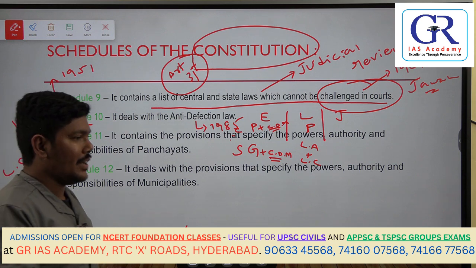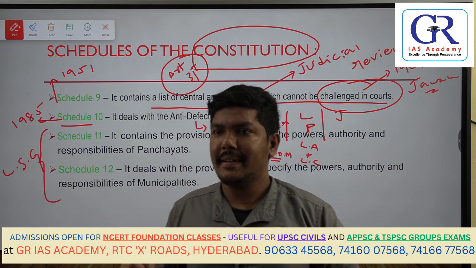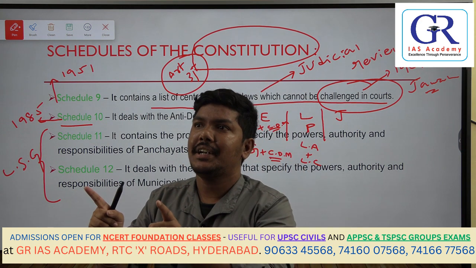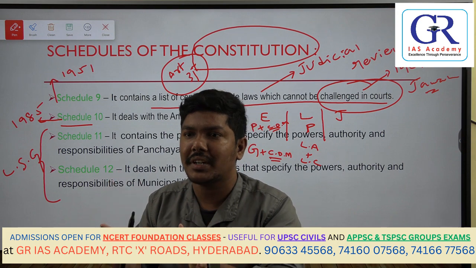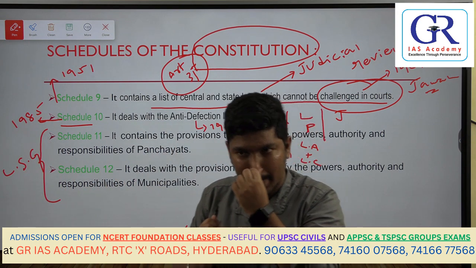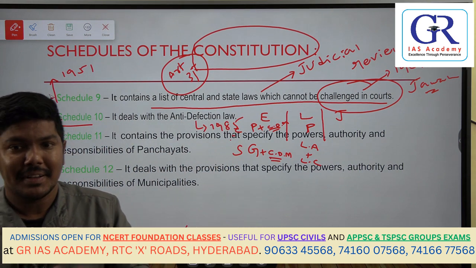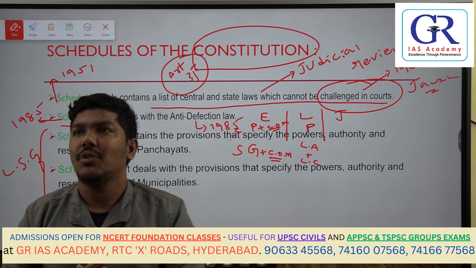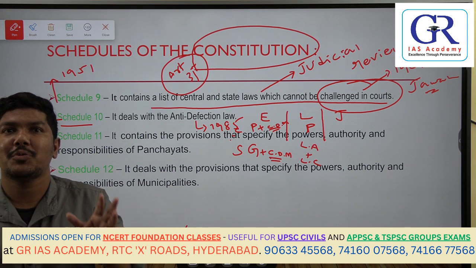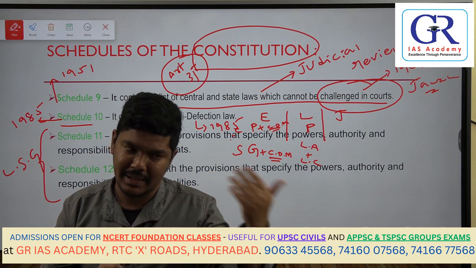Okay. So now can you tell me, from Schedule number 1 to Schedule number 12, this schedule has been created with an objective to promote the interests of scheduled castes and scheduled tribes. Which schedules am I talking about? 5 as well as 6. Okay. This schedule has been created to prevent defections in the Parliament.